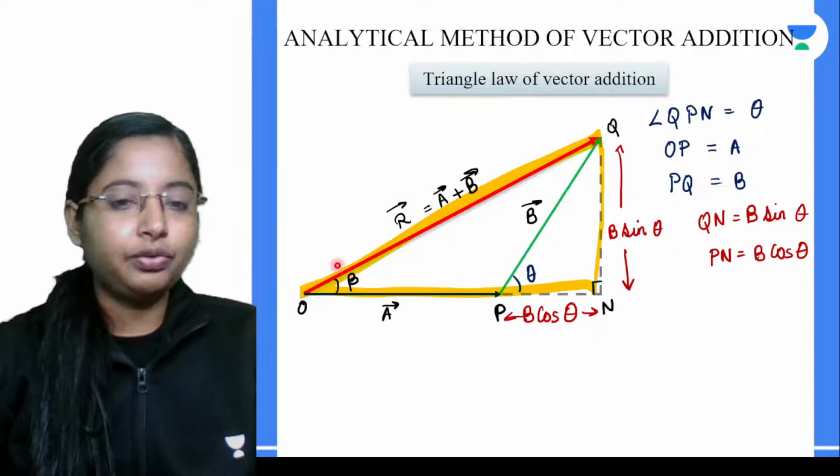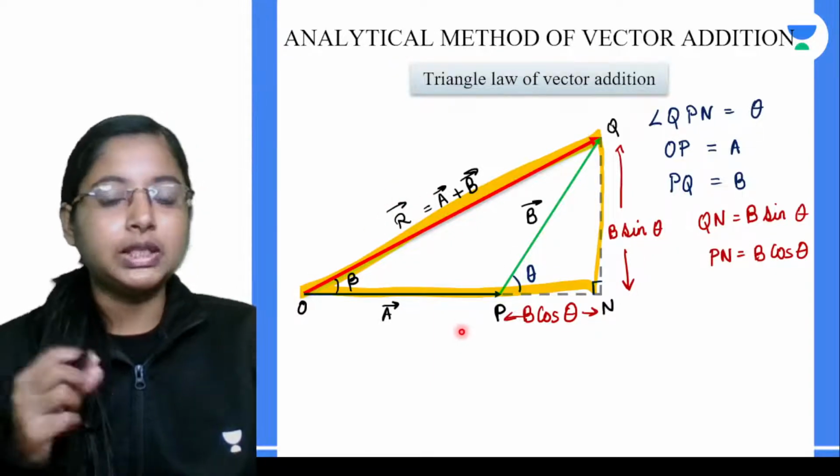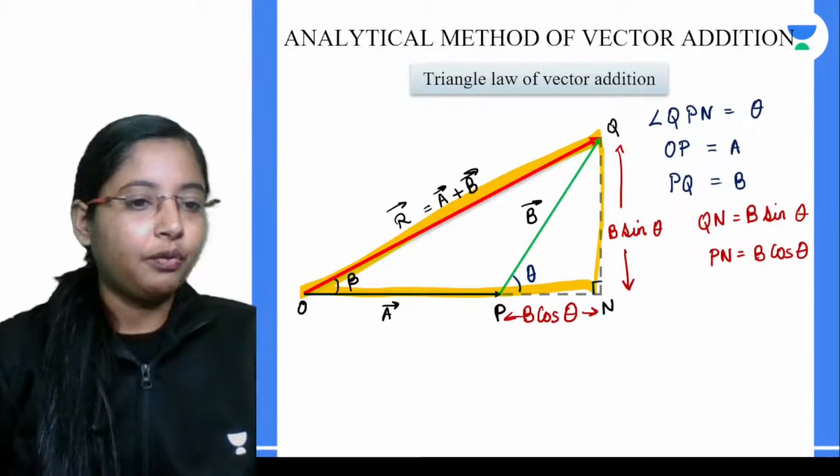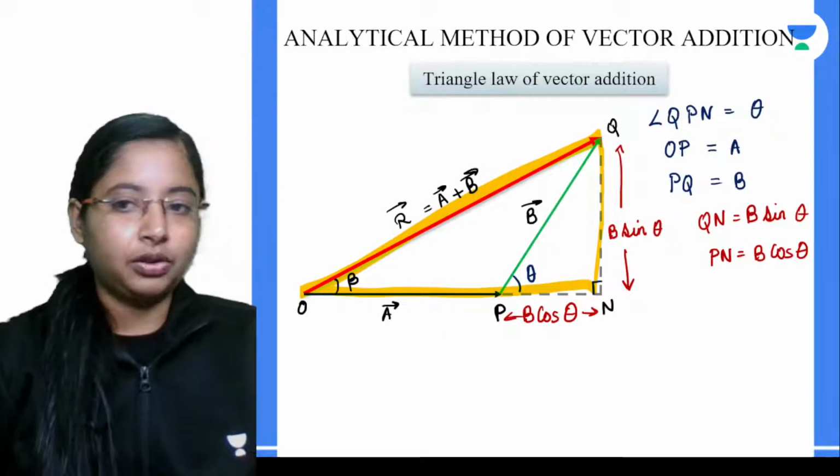Obviously, if we know these two, we can find the hypotenuse. What is the magnitude of the hypotenuse, for which we are going to make use of Pythagoras theorem.